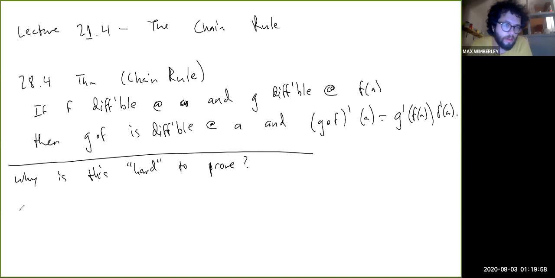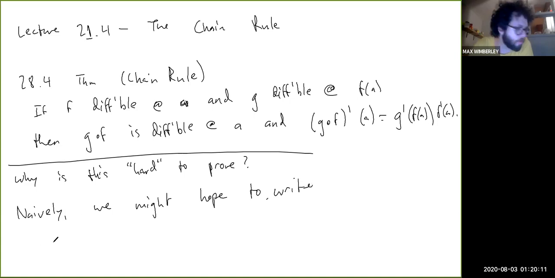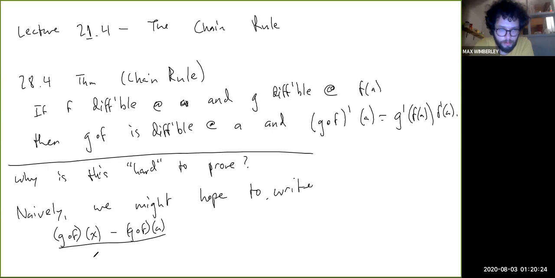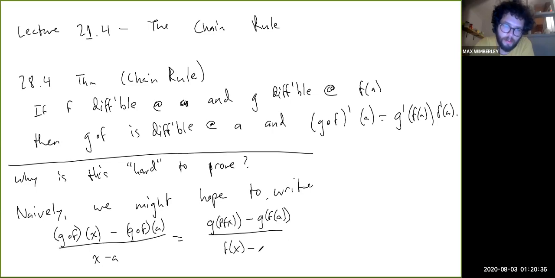Naively, we might hope to write: g compose f of x minus g compose f of a over x minus a equals g of f of x minus g of f of a over f of x minus f of a, times f of x minus f of a over x minus a.